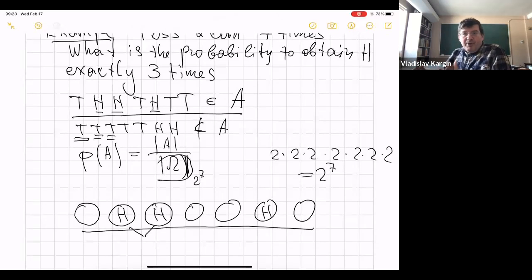In the first group, heads, there should be 3. This should contain 3 tosses. The other group should contain 4 tosses. So now if I decide that heads are here, then all others should be tails. So I should put here tail, tail, tail, tail.